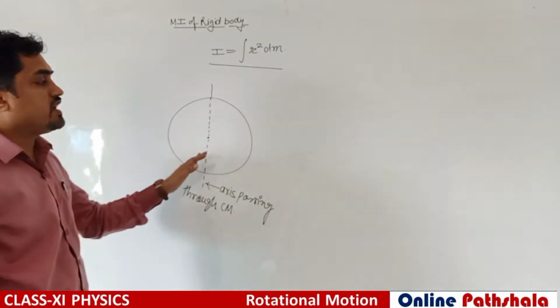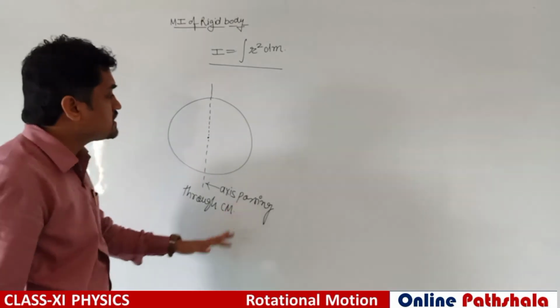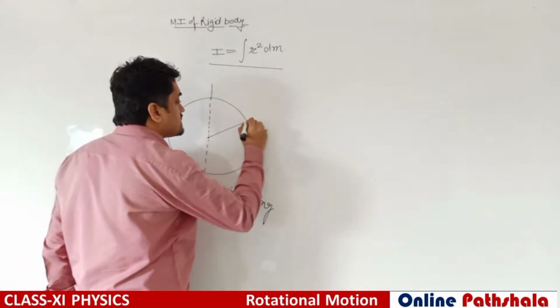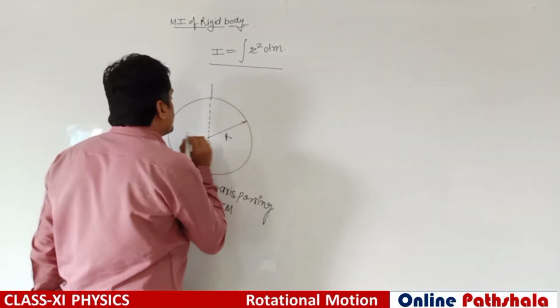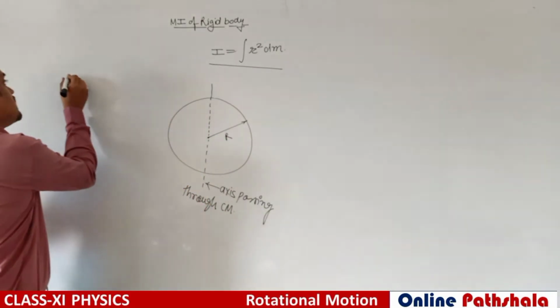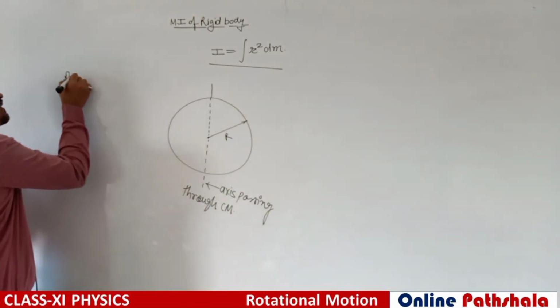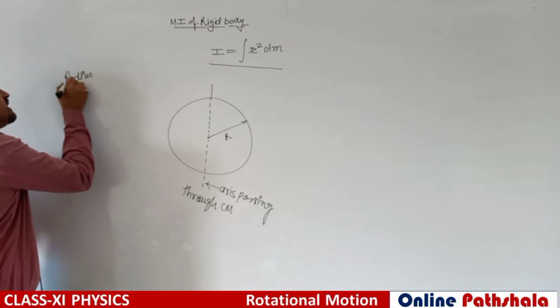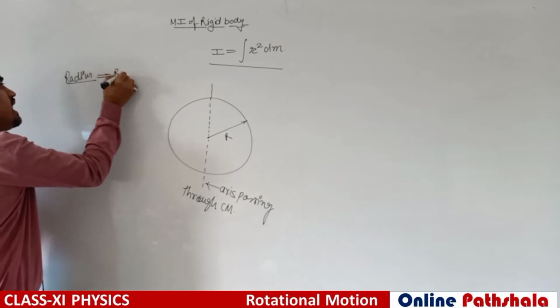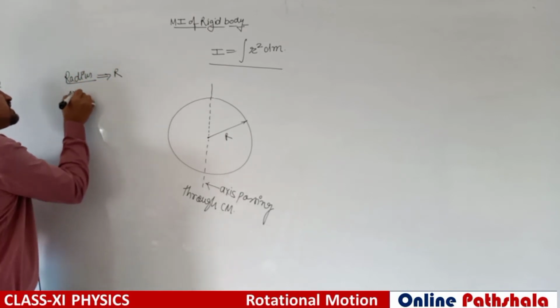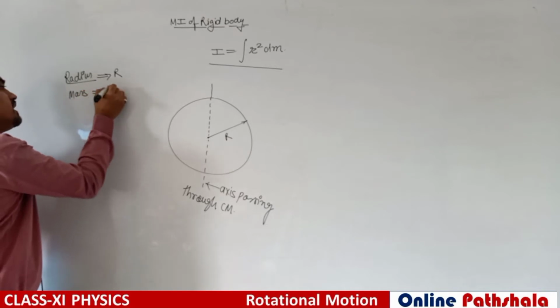We have to find the moment of inertia of this solid sphere having radius capital R and mass capital M.